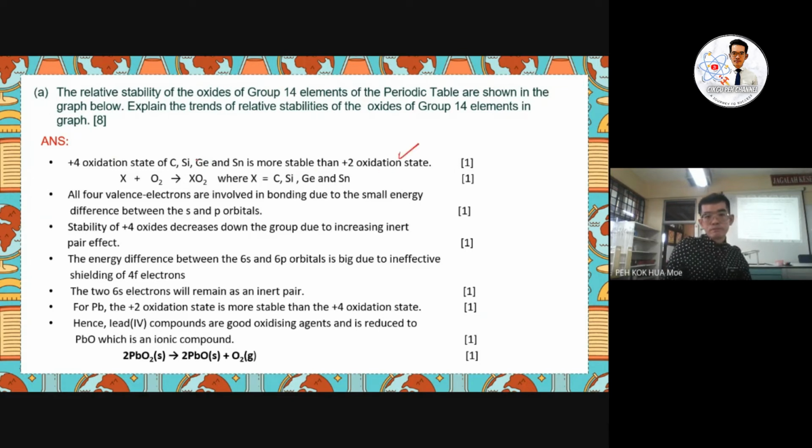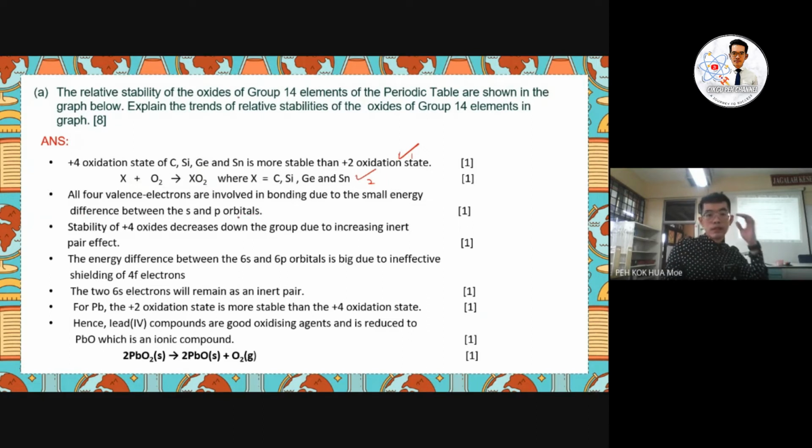And then you give the equation. Second mark, you give the equation showing how you can form a +4 oxidation state for carbon, silicon, germanium, and tin, for example X, and you give what X is. So all 4 valence electrons are involved in bonding due to the small energy difference between the s and p orbitals.